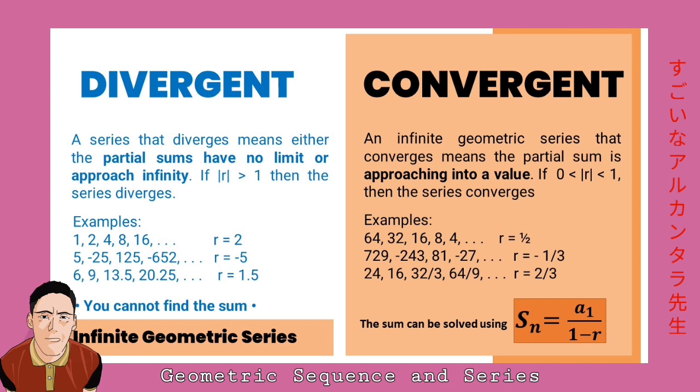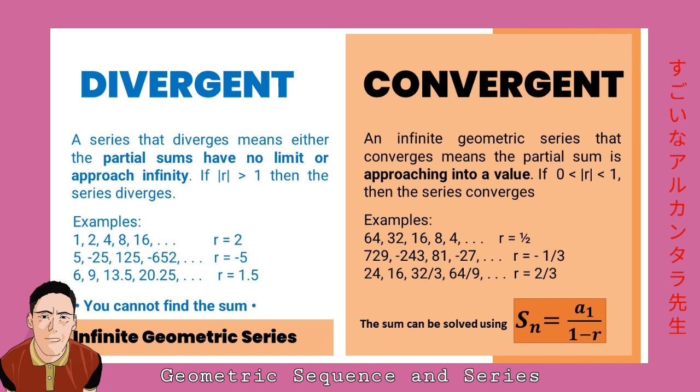Okay? In some cases, to put this in a much easier manner, the answer for the common ratio should be a fraction less than 1 if you get its absolute value. Kunyari, negative 1/3. The absolute value of that is 1/3. That's less than 1 and greater than 0. That's the meaning of the inequality right there. Okay? So that's the pattern.